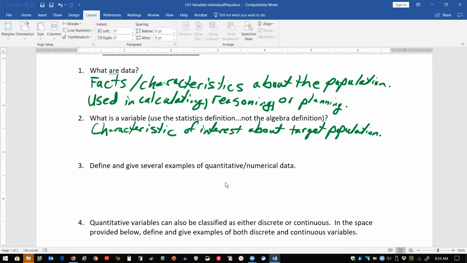Now variable implies that something is varying, and that variation happens. So this variable will vary from one entity of the population to another.